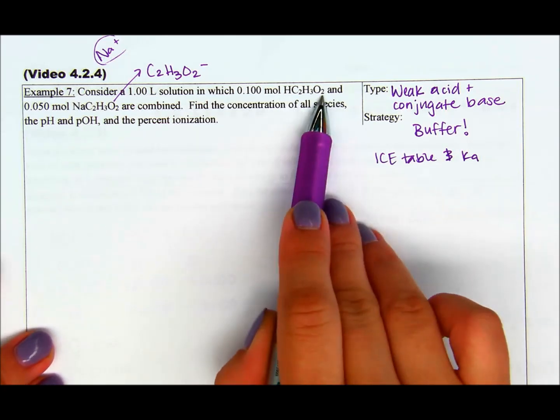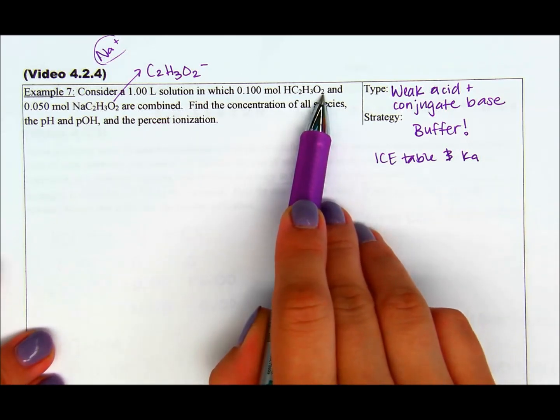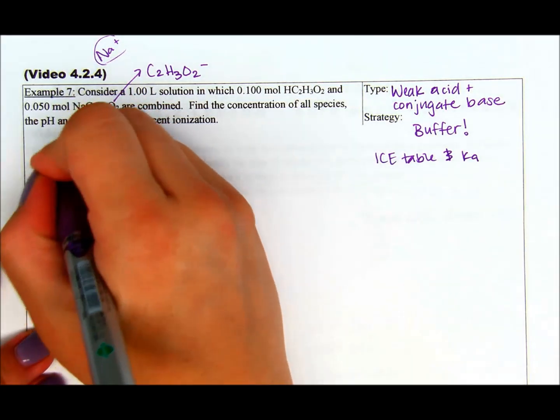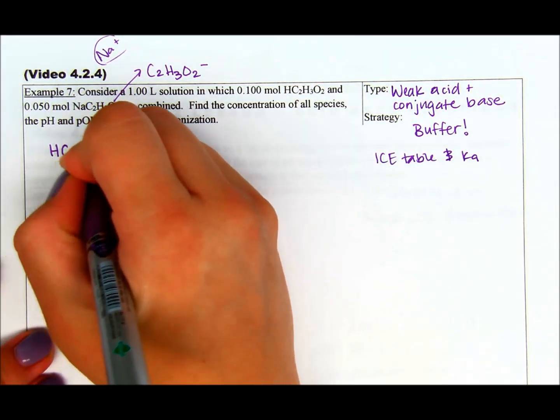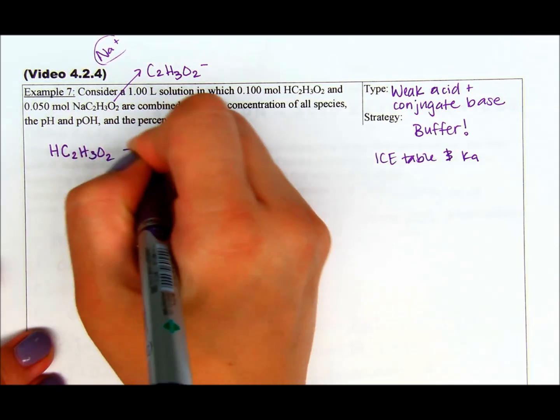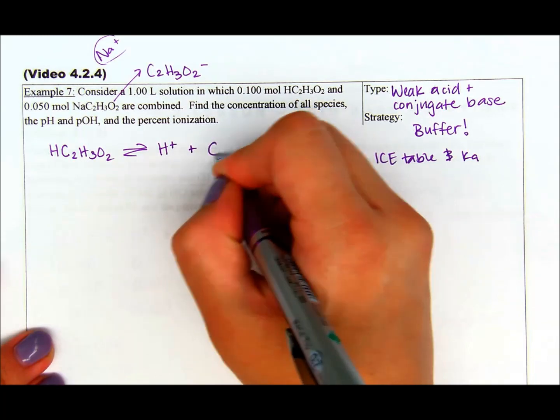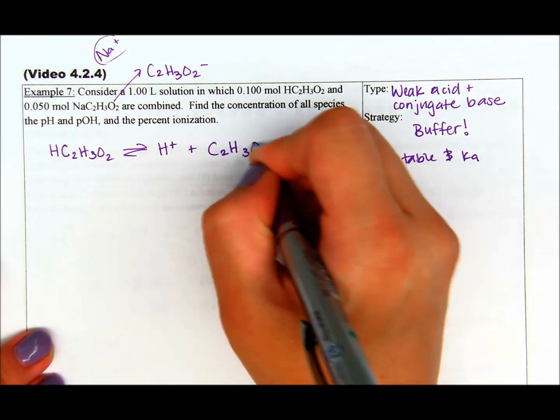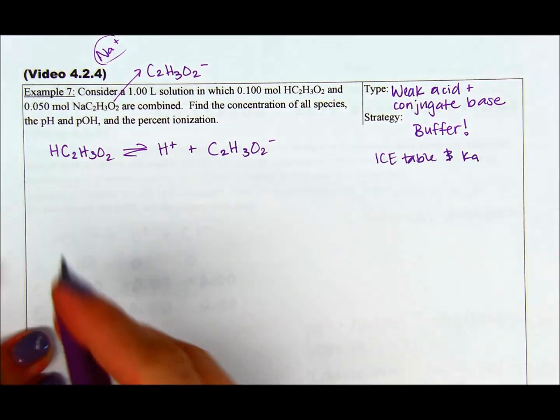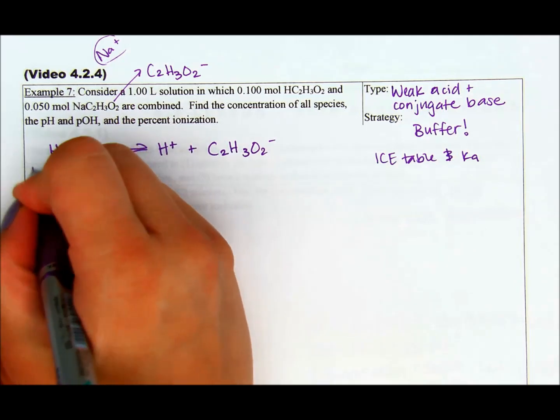So pick your acid, not the conjugate, to write the equation for, because the conjugate will already show up on the other side anyway. So HC2H3O2, double-sided arrow because it's weak, H plus, acetate. You guys are really going to know acetate and vinegar by the time we're done.